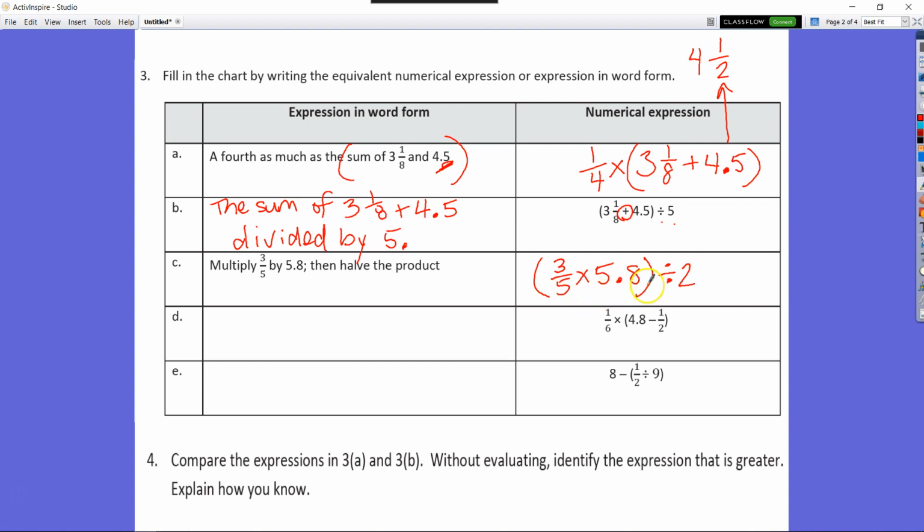Also, we could have written it as a fraction with everything over the fraction bar, over 2.